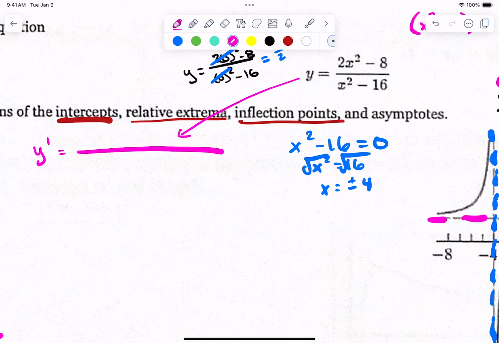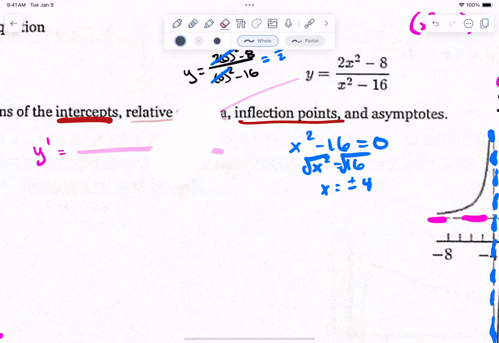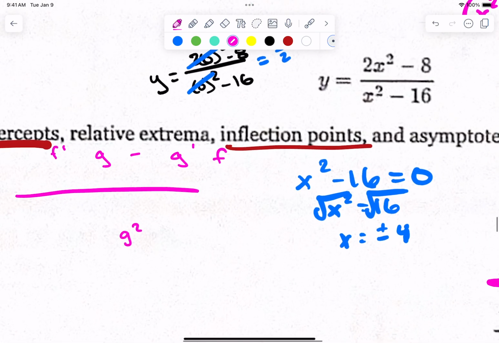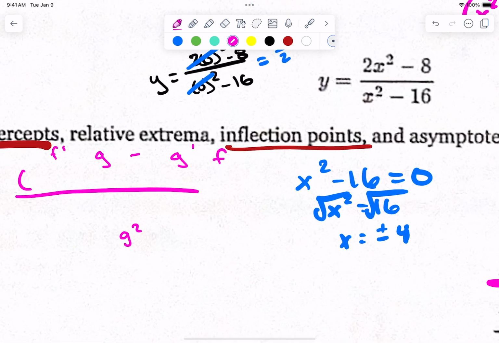Y prime equals. Alright, do you remember the quotient rule? If you don't want to write down the quotient rule, just follow me up here. F prime G minus G prime F all over G squared. So what's F prime going to be? Oh, this is going to be kind of nice actually.